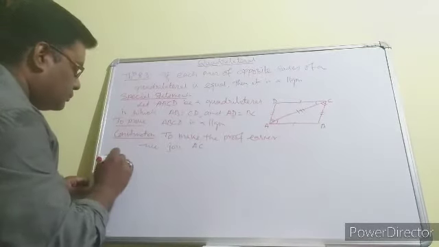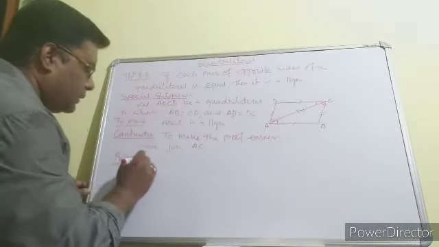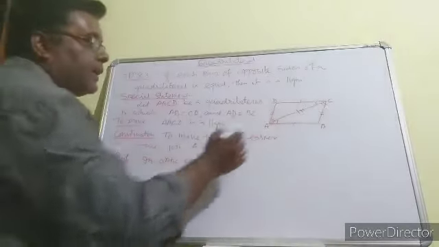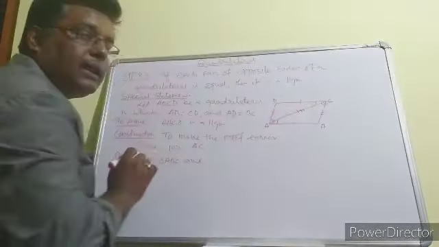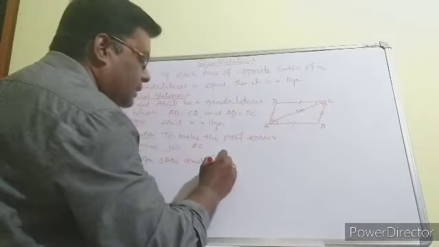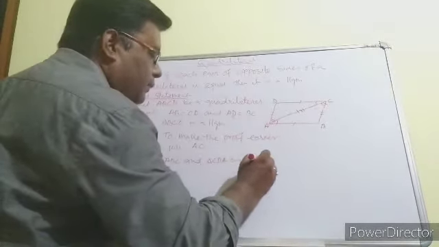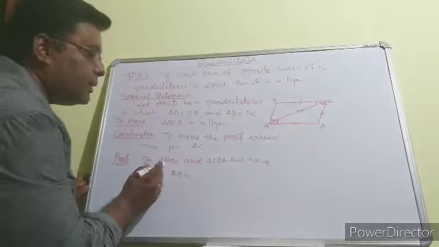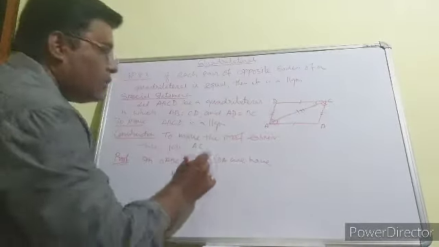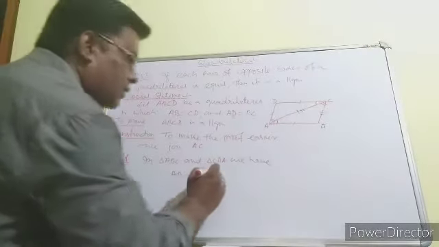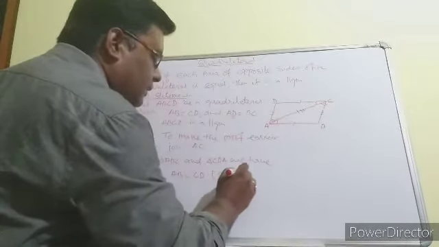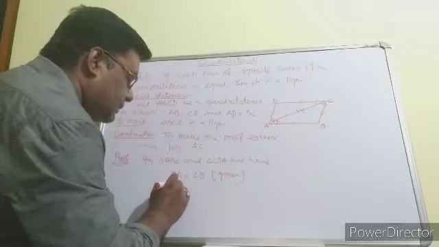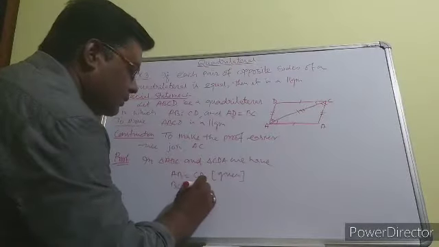So in the proof part, in triangle ABC and triangle CDA, not ADC, triangle CDA, we have AB of triangle ABC equal to CD of triangle CDA. Why are they equal? Because they are given opposite sides of this quadrilateral. Next we write BC is equal to DA.